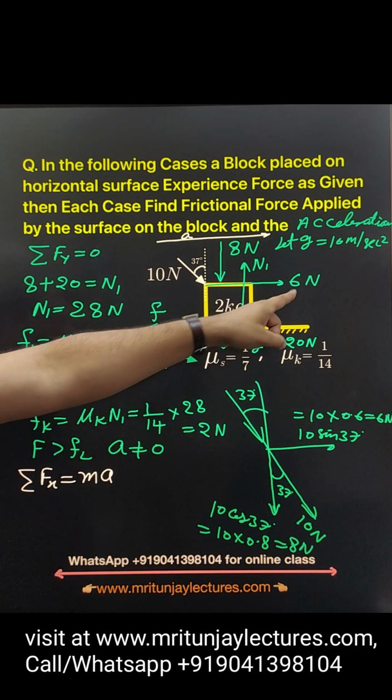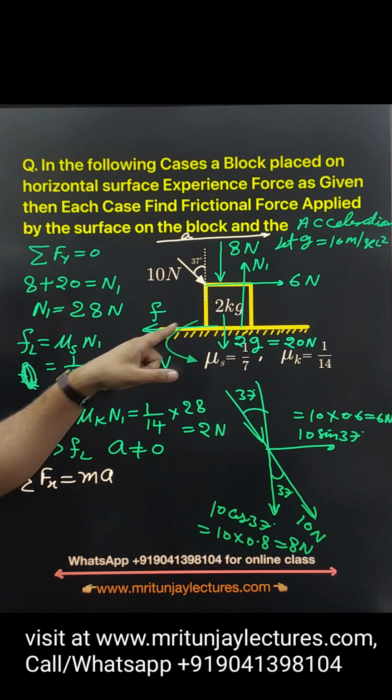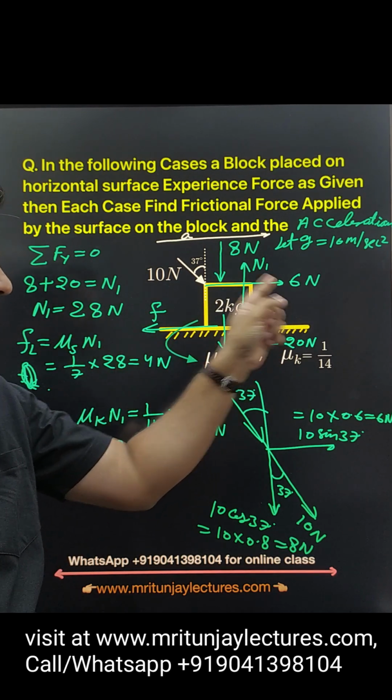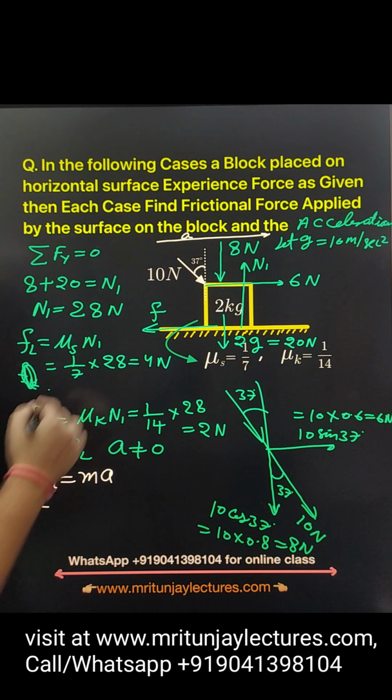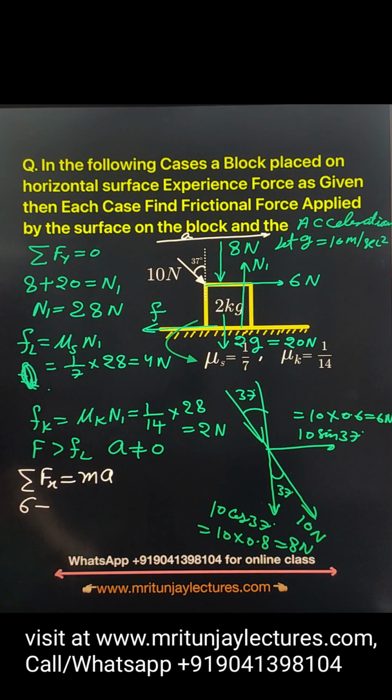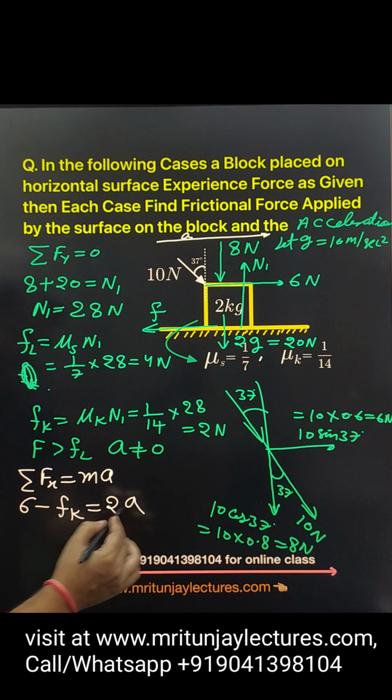In the x direction, the applied force is 6 Newton, and during motion the kinetic frictional force acts. So 6 minus Fk equals mass 2 into acceleration a.